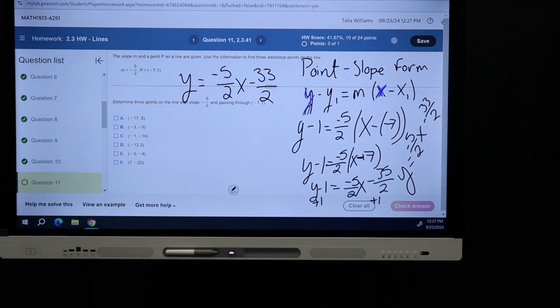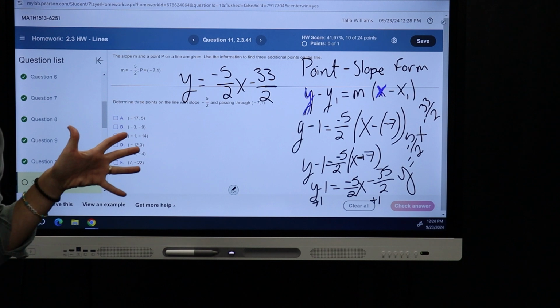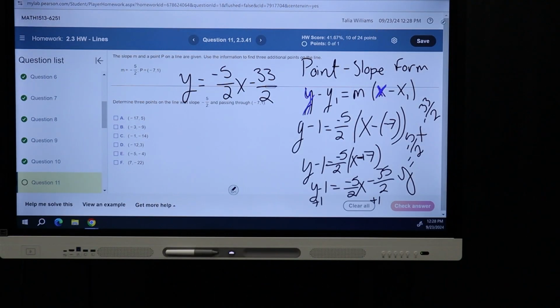Oh, wait. I'm going to use Desmos on this one, just to show y'all a graphing tool. You can plug in each point and check to see if it is actually on this, or you can use what I'm about to use. I'm going to pull it up real quick, though.